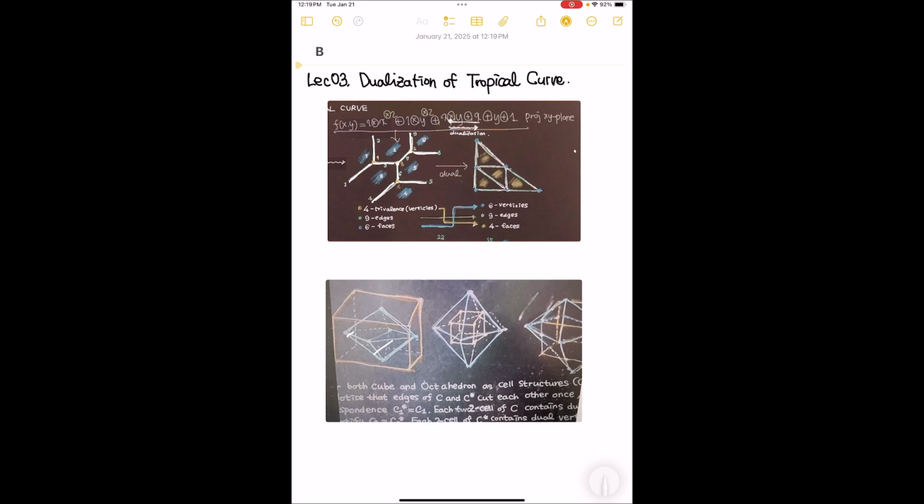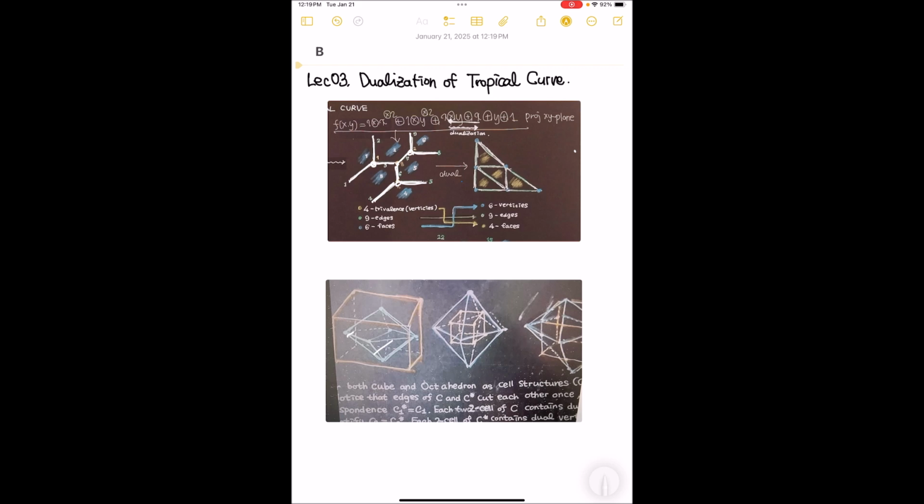And I counted the number of vertices, edges, and faces. Every vertex meets three edges, formed by three edges.